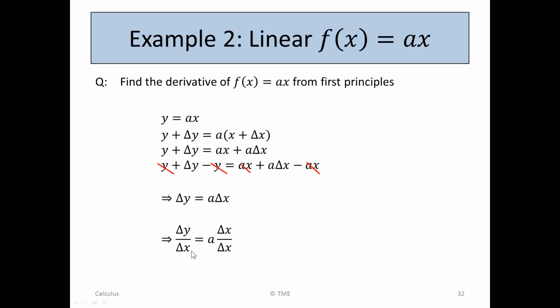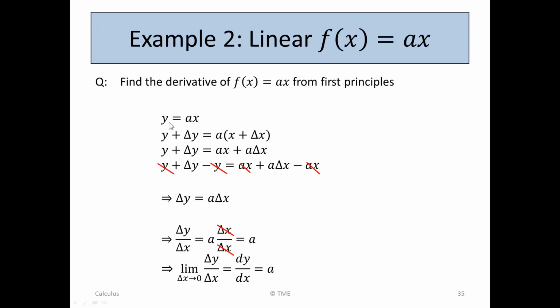So delta y over delta x is a times delta x over delta x, and those terms cancel, so delta y over delta x is a. And at the limit, when these are small, delta y over delta x becomes dy/dx, and again, that's equal to a.